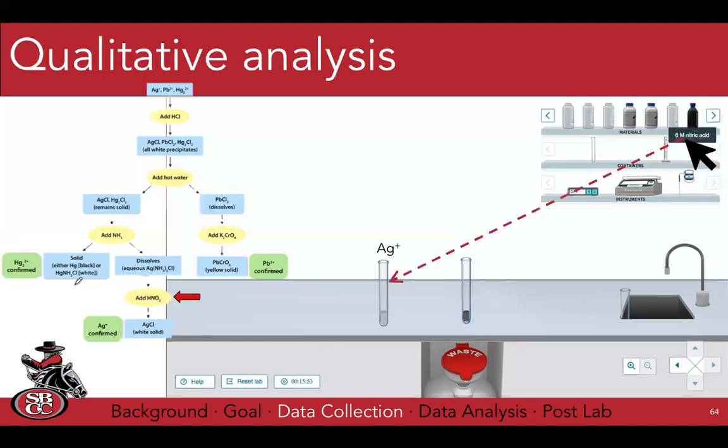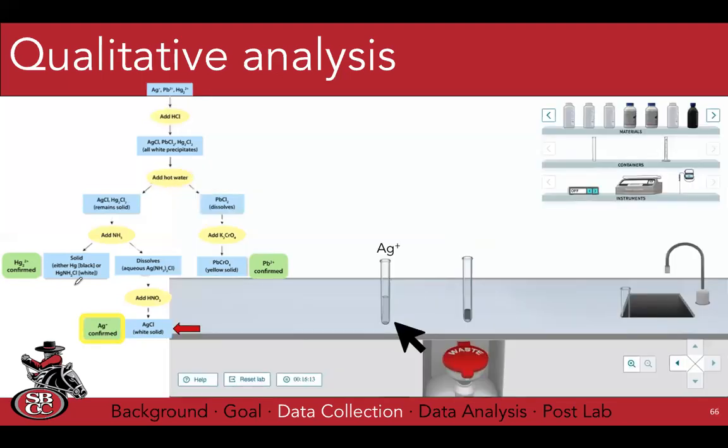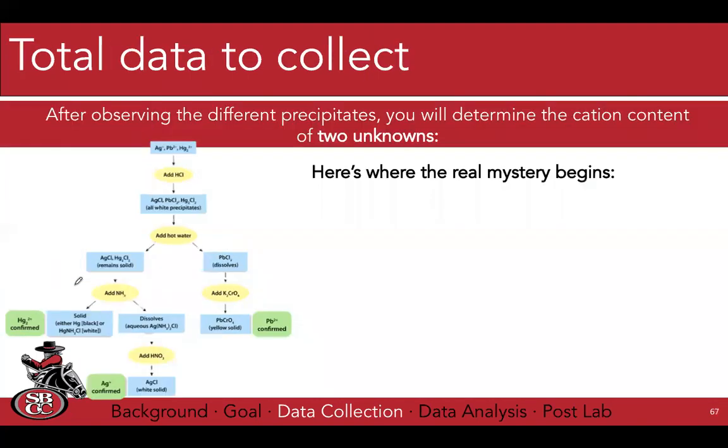So our last step will be to add nitric acid, 6 molar, which is very caustic and needs to be done carefully. And that should reform the silver chloride precipitate, which is not soluble. And that would confirm the presence of the silver cation, shown by the reformation of a white precipitate upon addition of nitric acid.